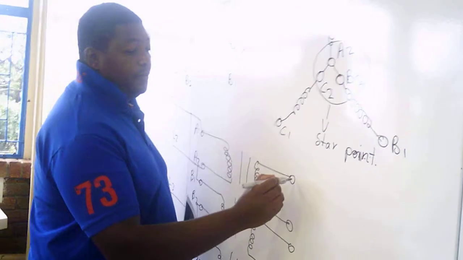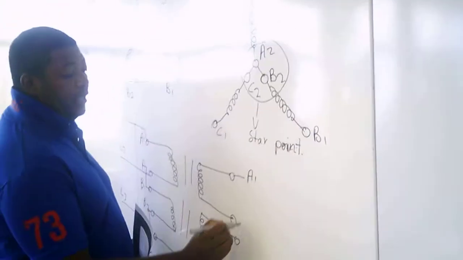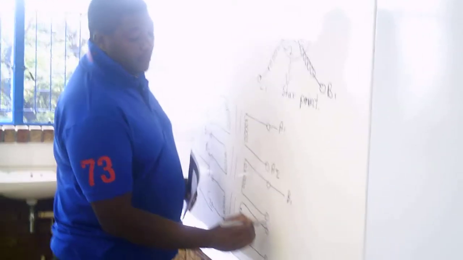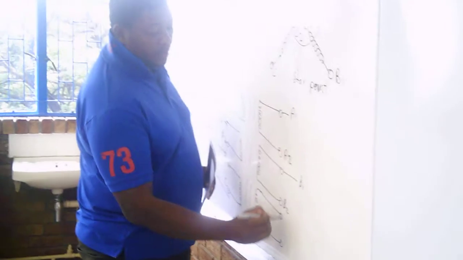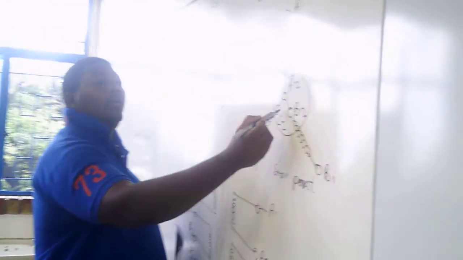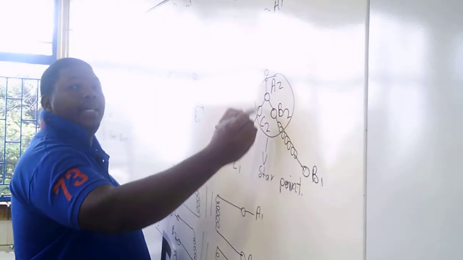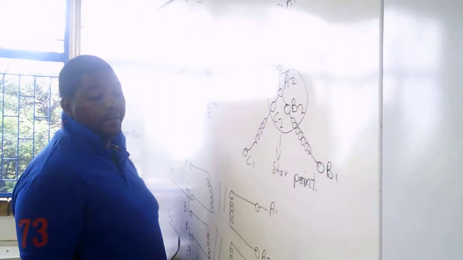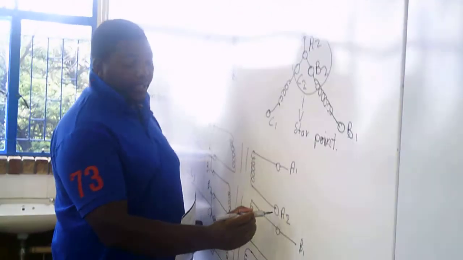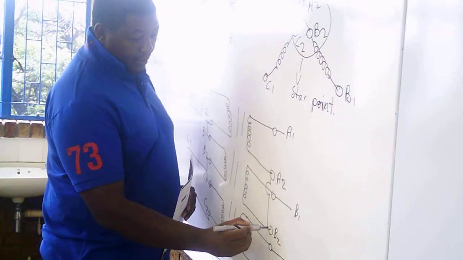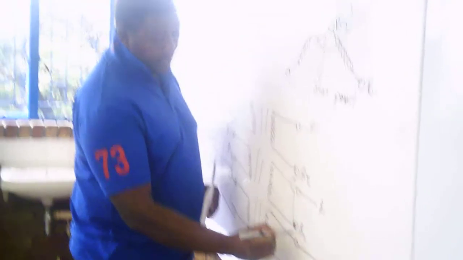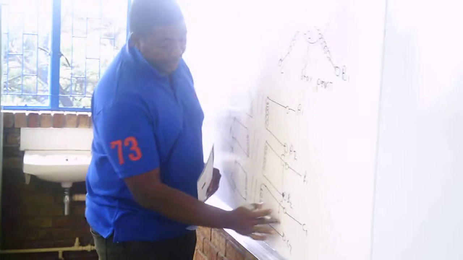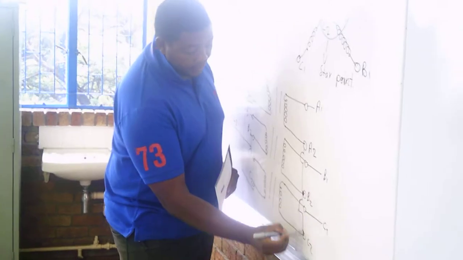As you've seen, this will be A1, we have A2, this will be B1, we have B2, this will be C1, we have C2. Now, as you can see from the symbol, all the twos come together to give us a common point, which we refer to as the star point. And this is how it goes. We connect it in star, like that. Sorry for that.